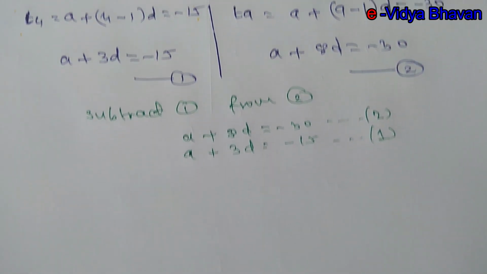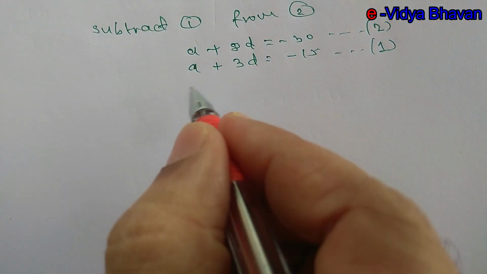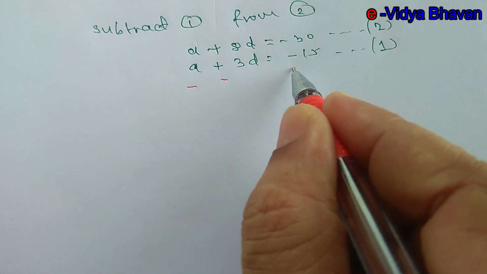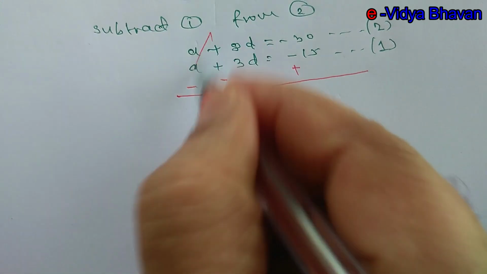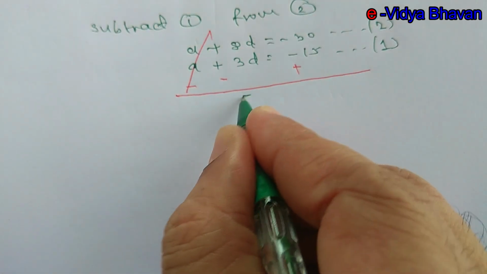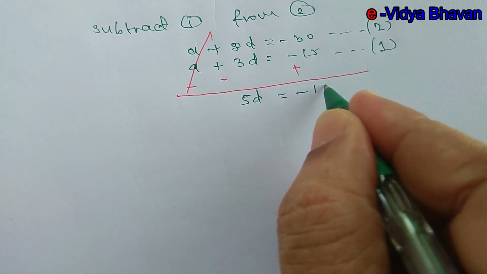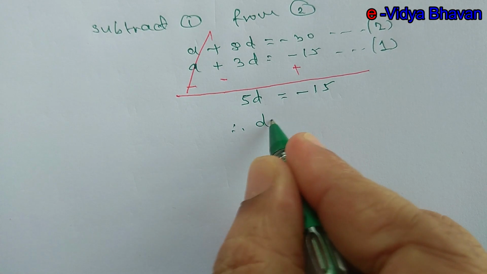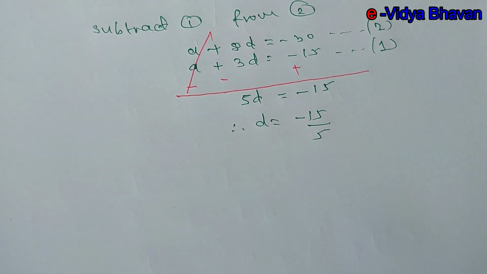And let us subtract. 8d minus 3d will be giving you 5d. Minus 30 plus 15 will give you minus 15. Therefore, d will be equal to minus 15 upon 5.